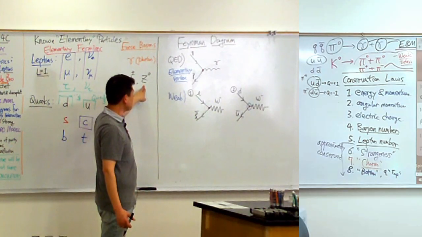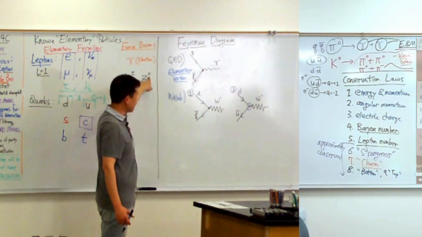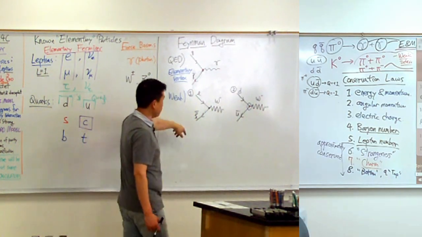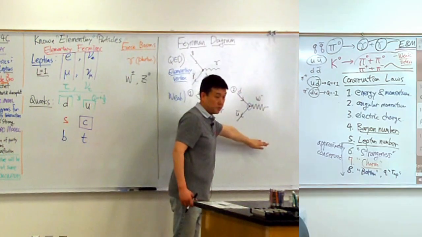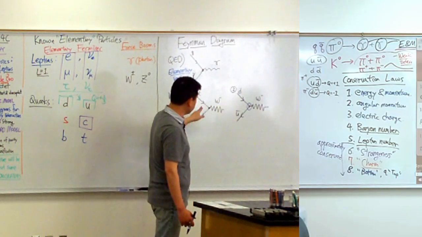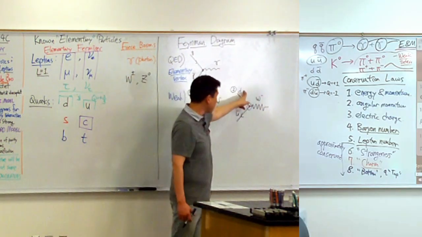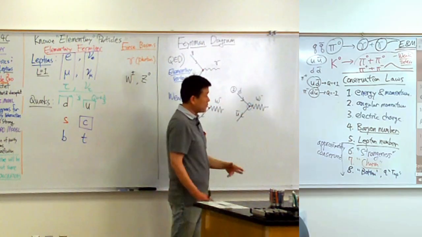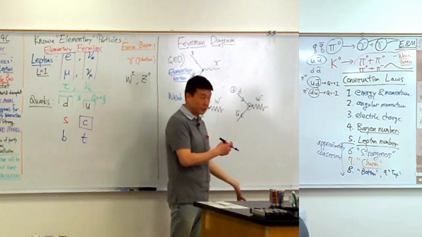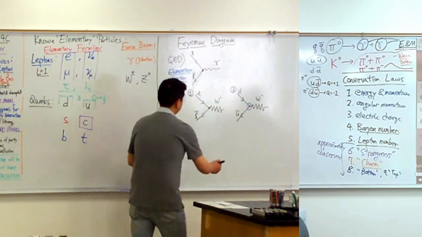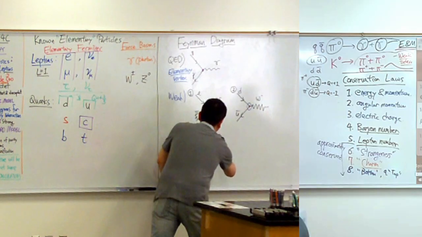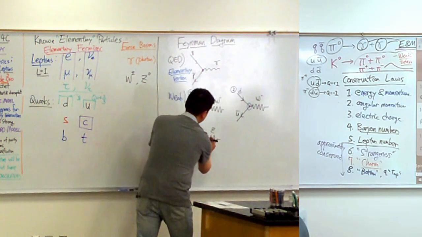And because it carries no charge, it cannot be involved in interactions like these two. If a lepton changes into a neutrino, or one type of quark into another type, that must involve a change of charge. So the only interactions this Z boson can be involved in are, for example, like this.